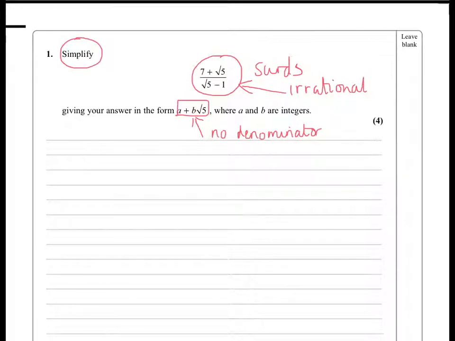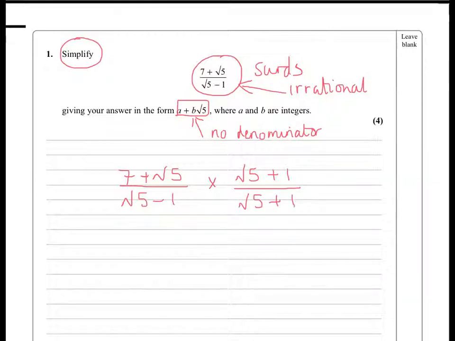So my method would be, and I'm not going to work all my way through it, take the top and then the conjugate of the bottom, which is root 5 plus 1 over root 5 plus 1. So you get a method mark for that, and the rest of the 3 marks would be for the accuracy and the working out as we go along.